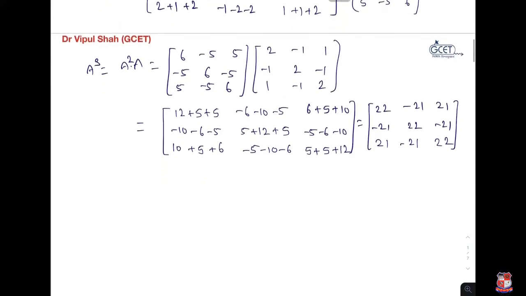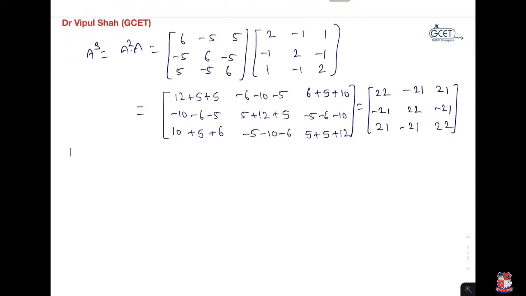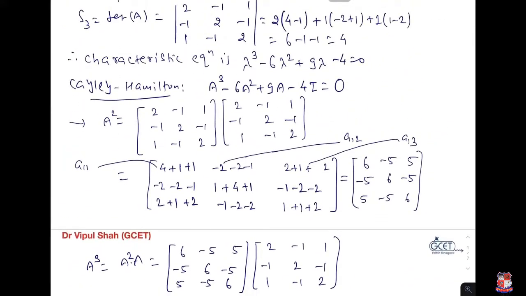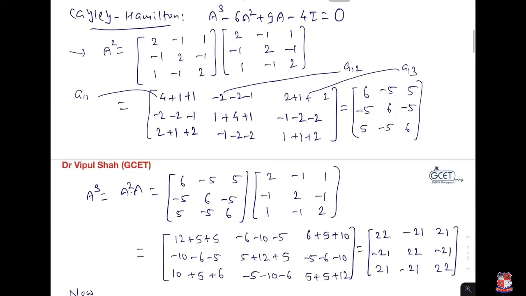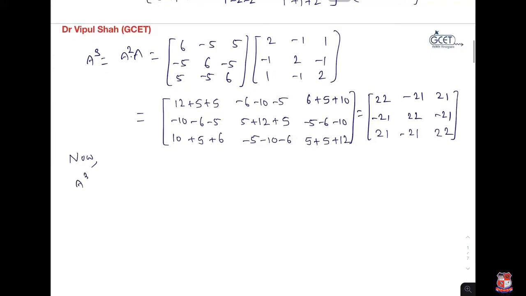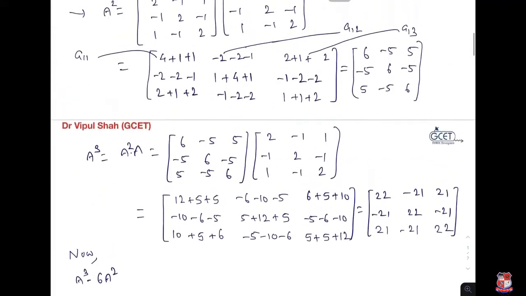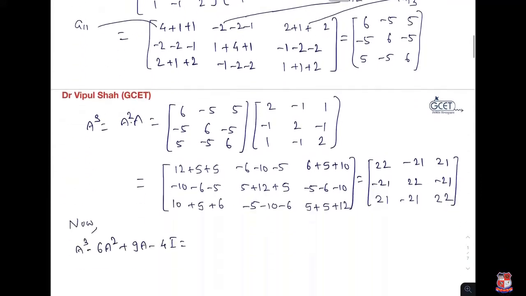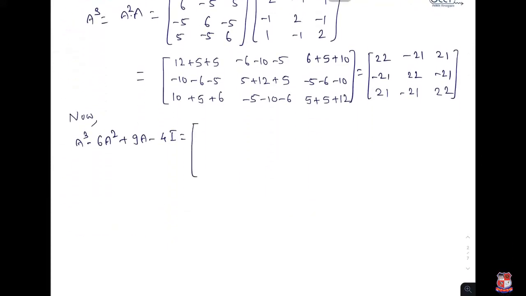We need to take care that there should not be a mistake. Now we need to verify, so we take this side: A cubed minus 6A squared plus 9A minus 4I. So A cubed is [22, -21, 21], [-21, 22, -21], [21, -21, 22].